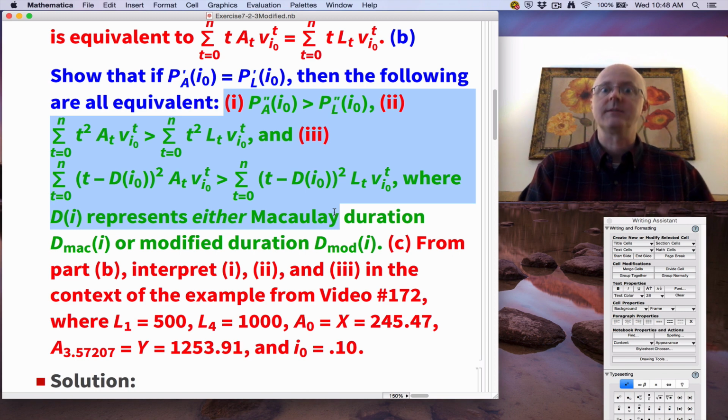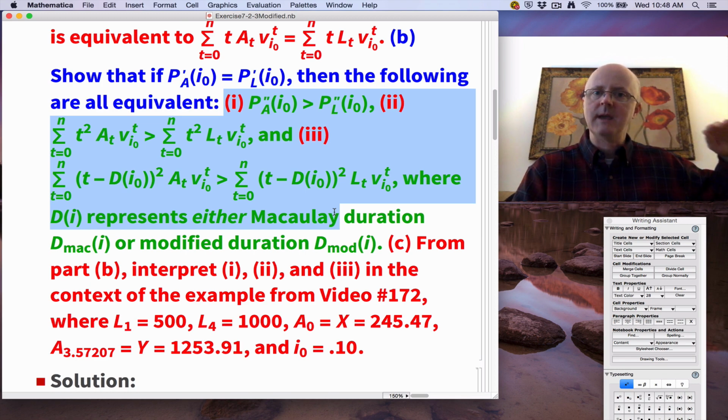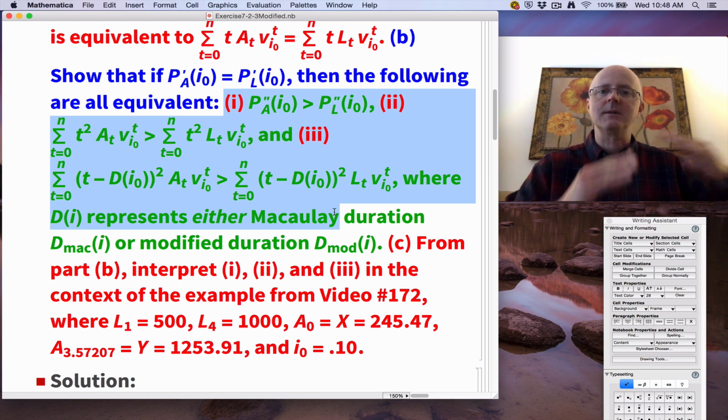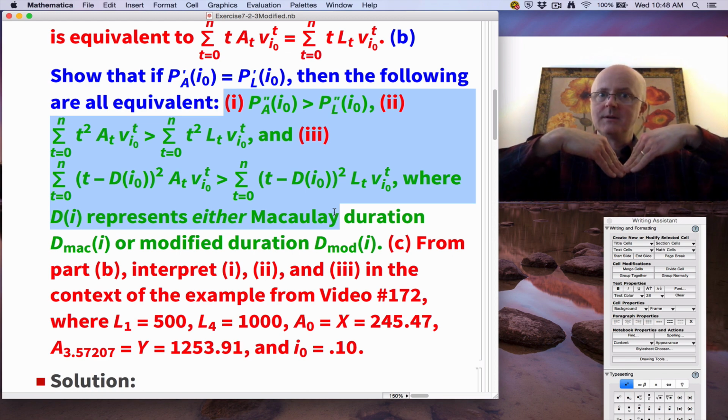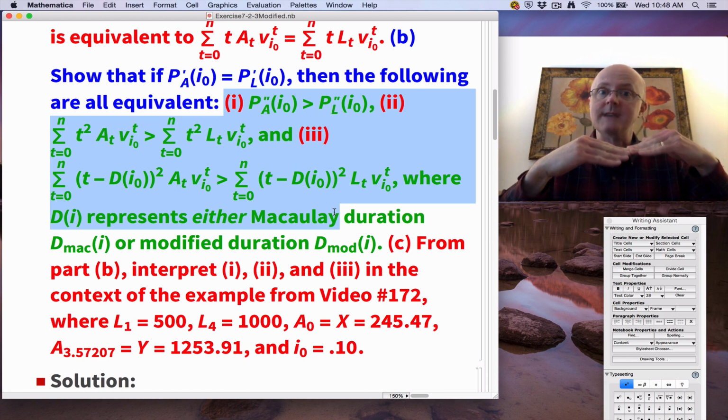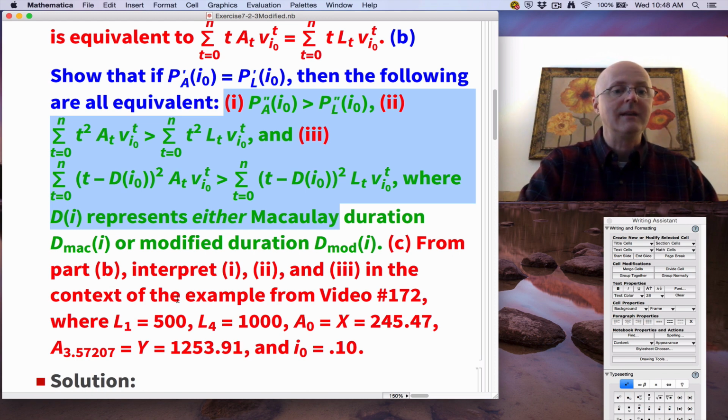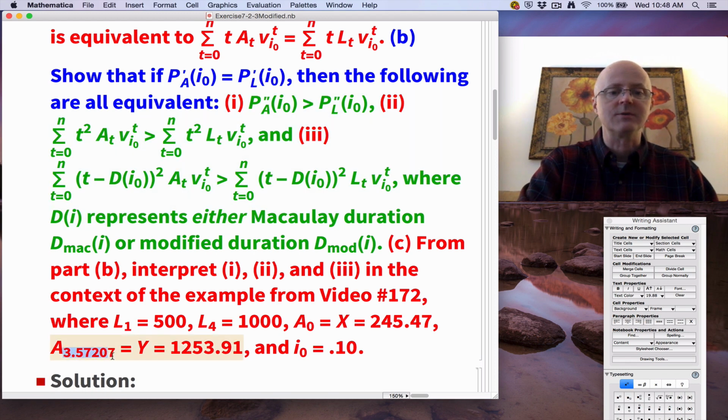The second derivative of the h function was negative. The graph of h of i was concave down. But then I said maybe the second payment can be further in the future at some little y that we need to determine to make that graph become concave up. And the boundary value where the second derivative is 0 is the 3.57207.